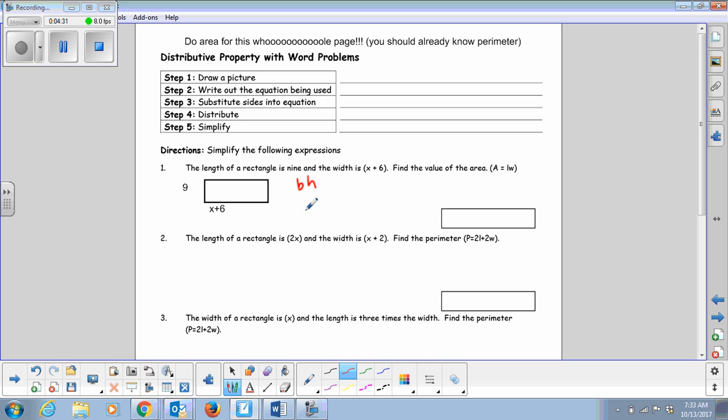The way I have it written, I used x plus 6, and then we have 9 for my other length. From here you should be able to figure out how to multiply, so I'm just kind of helping you get it set up, but I'm not going to do any more on this page.